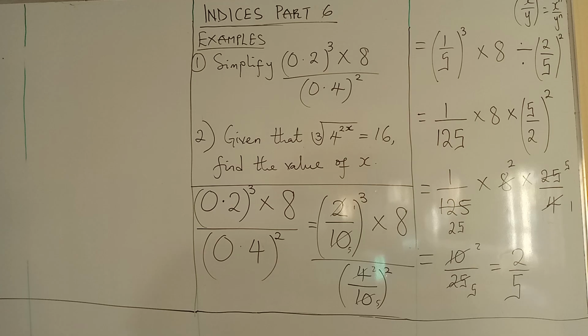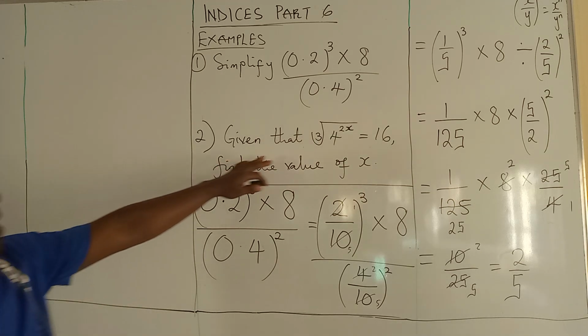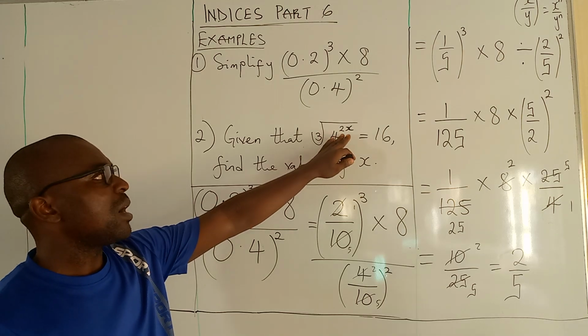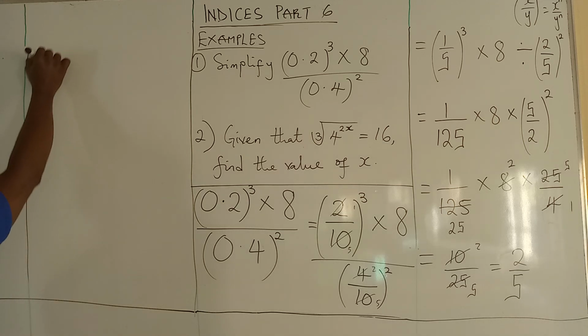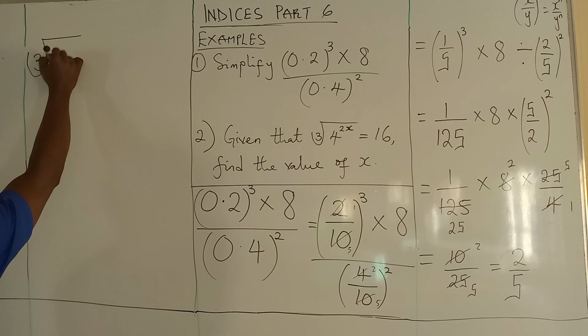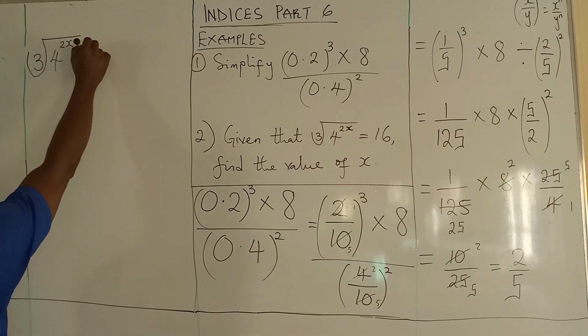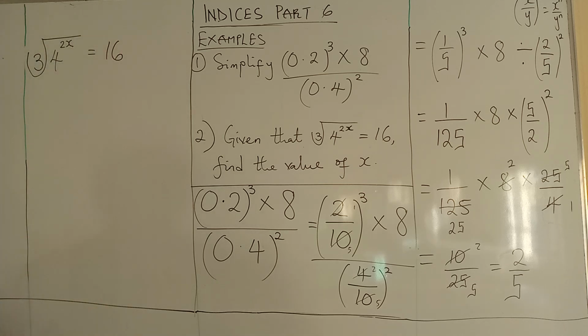Quickly, let's look at question number 2. Given that the cube root of 4 raised to power 2x is equal to 16, what is the value of x? There are many ways of solving that question. From our knowledge of indices, fractional index law.